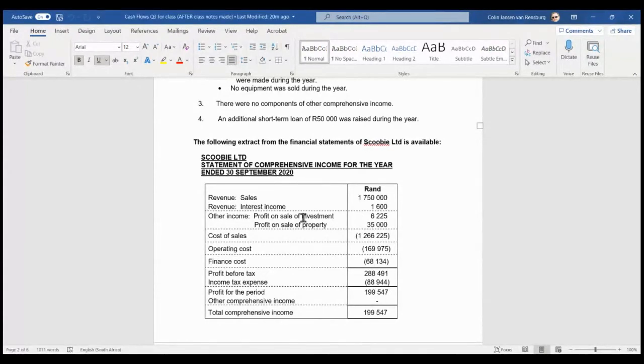So, ladies and gentlemen, I know this is a statement of comprehensive income, not a statement of cash flows, but many of these income items and expense items will have a bearing on your statement of cash flows.